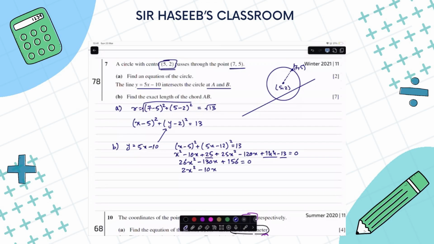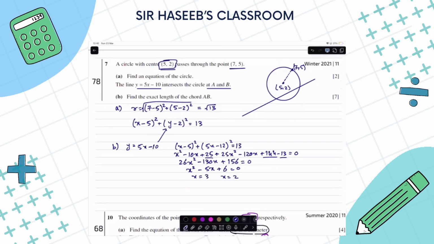Or can you take 26 common? 130 divided by 26, what do you get? 5. And 156 divided by 26? 6. So x equals 3 and x equals 2.